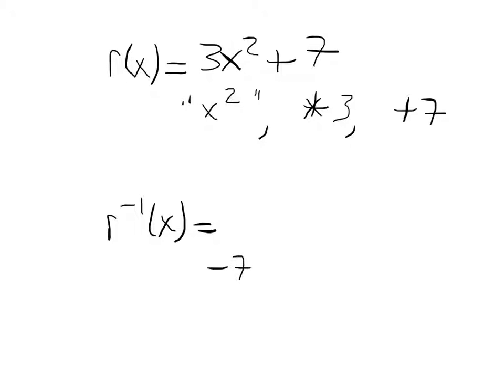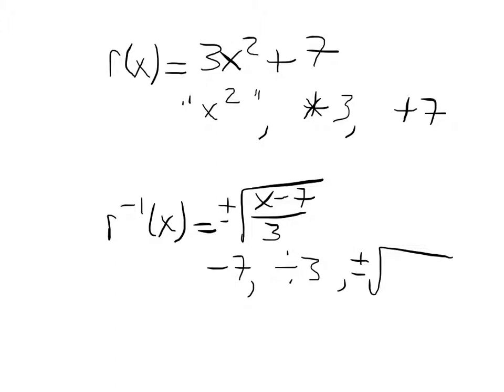Opposite order, opposite operation: subtract 7, divide by 3, and then square root. Now again, I'm not going to get a function here because when I take a square root, I must put in a plus or minus. So subtract 7, divide by 3, and take the square root, and in this case, plus or minus the square root of (x minus 7) over 3.